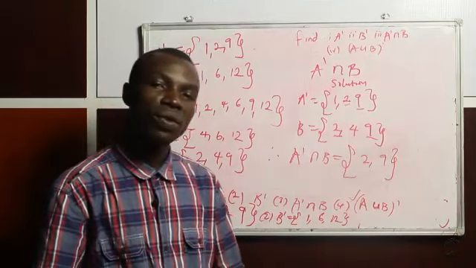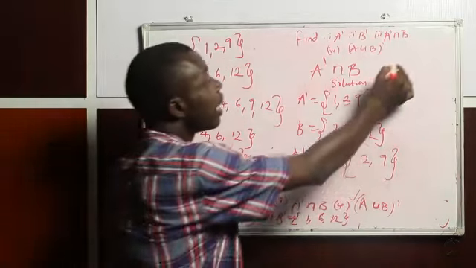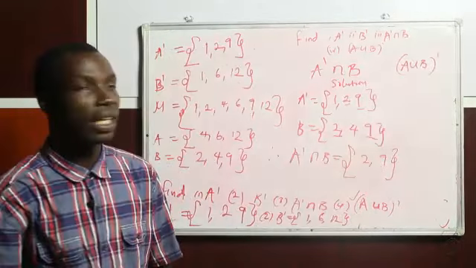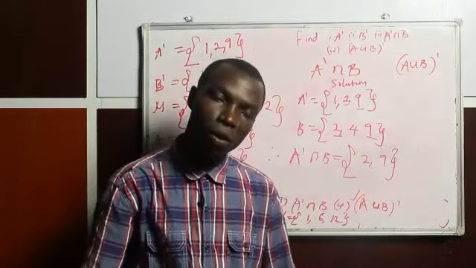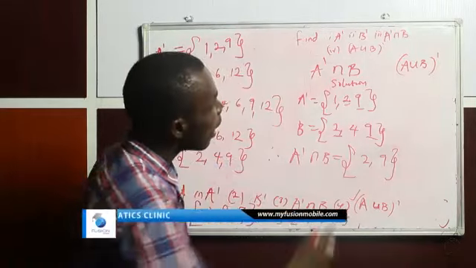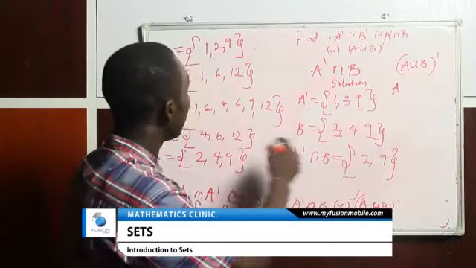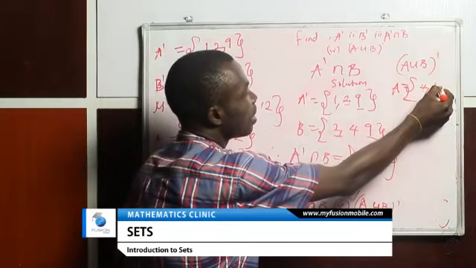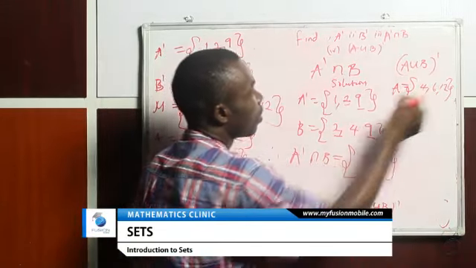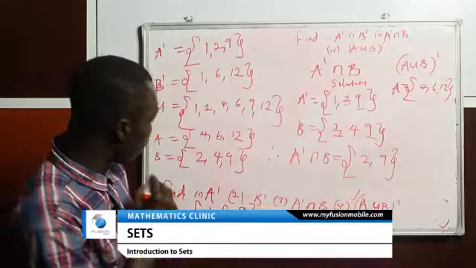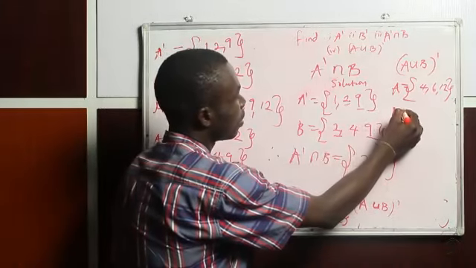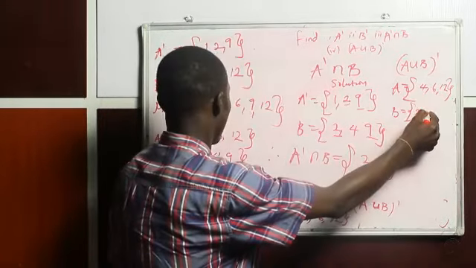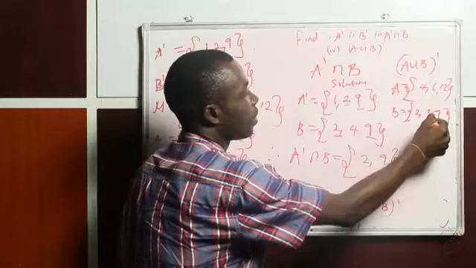We are going to solve the last question, which is A union B complement. What is A? The elements in A are 4, 6, and 12, while the elements in B are 2, 4, and 9.